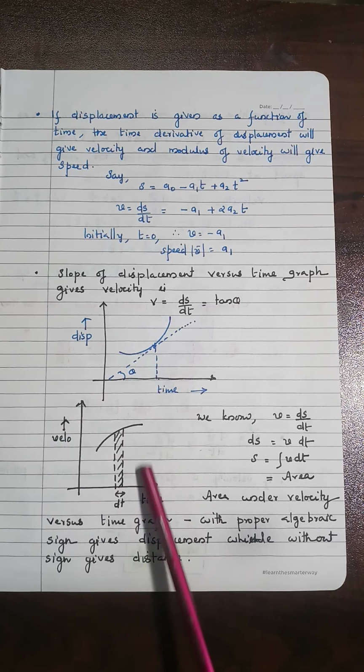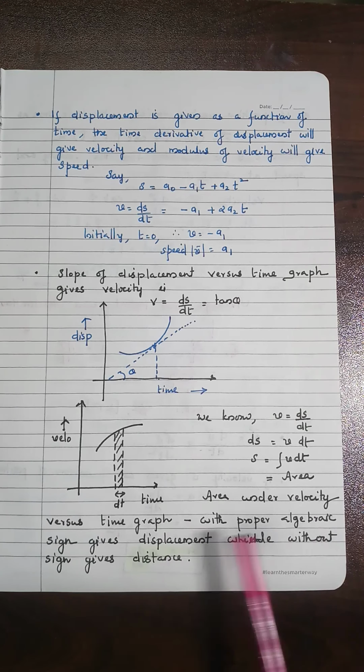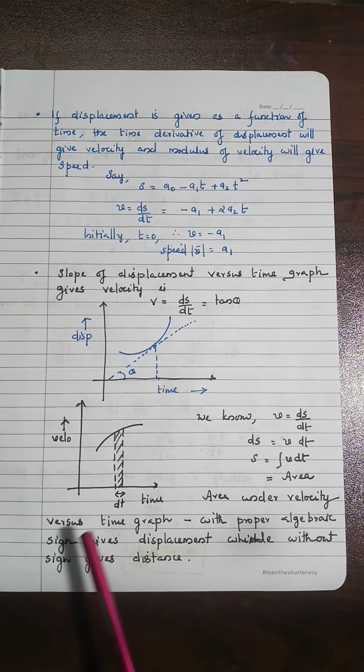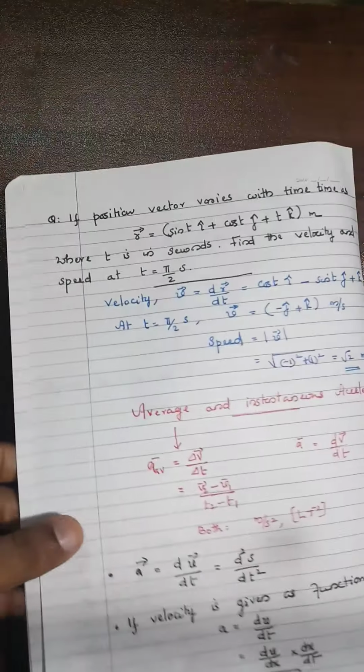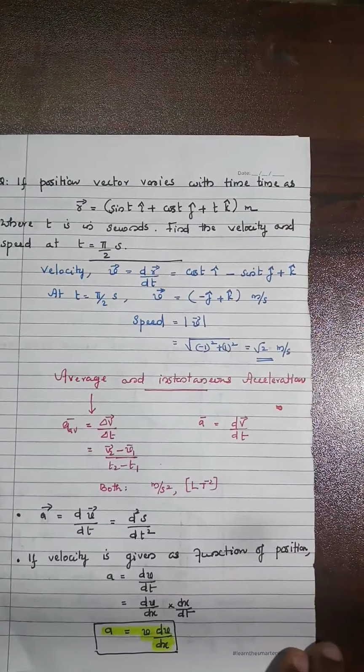From this graph, the area with the proper algebraic sign gives displacement, while without the sign it gives distance. So there is a very important point regarding instantaneous velocity and speed. We can go through a very good example.